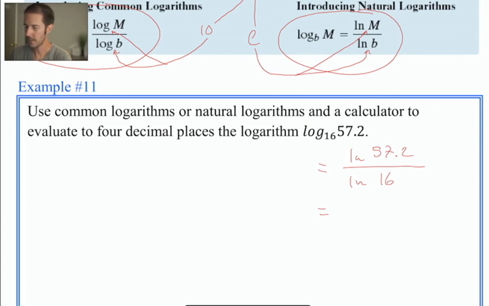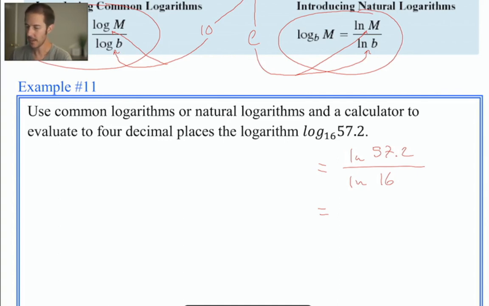I'm going to hit the natural log button, 57.2, and then I'm going to close the parentheses because on my calculator, which is a TI-84 Plus, when I hit the natural log button, it immediately automatically gave me a parenthesis. So it said ln parenthesis. So I typed in the 57.2 and then I closed my parentheses.